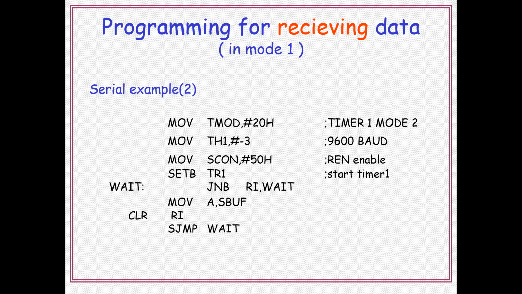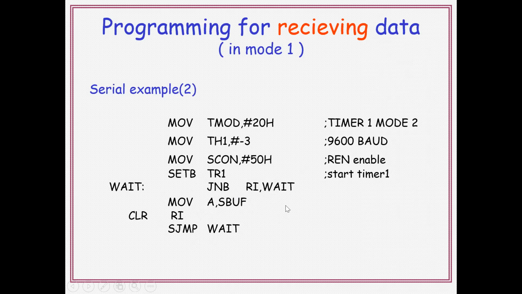It will take some time, and till that operation is completed we need to wait. After completion, the RI interrupt is automatically generated by SBUF. That indicates that the receiving interrupt is enabled. So parallel data is available in the serial buffer, so you can read SBUF into the accumulator, and clear the RI flag to wait for the next receiving.